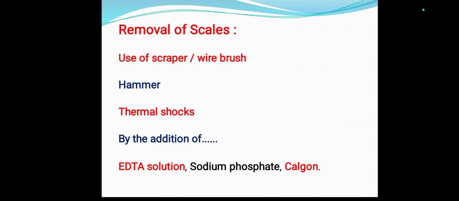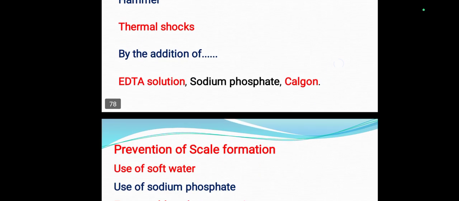Or you can add some chemicals like EDTA, sodium phosphate, or calgon. Out of the three chemicals, if you add any one, that chemical dissolves the coating of scale. And once the scales dissolve, through blowdown operation we can remove it.